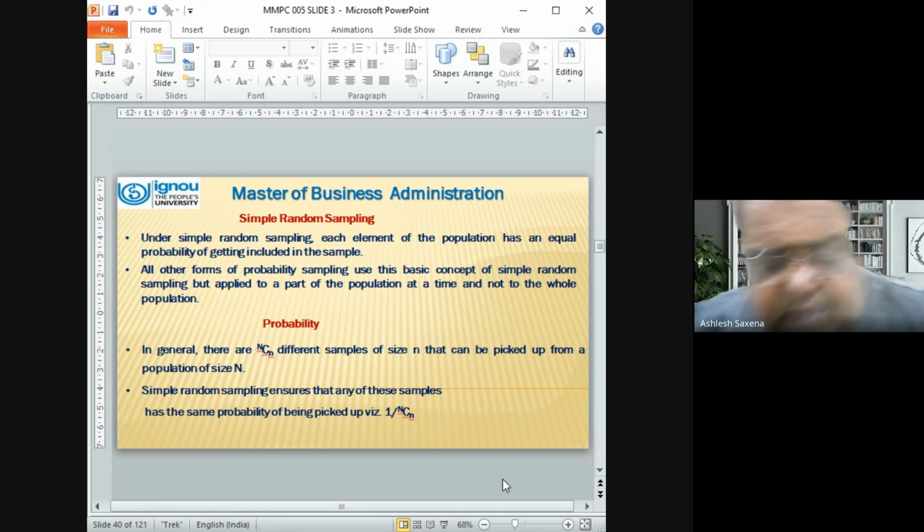Probability in general, again, the same thing comes, because here we will be using permutation and combination.